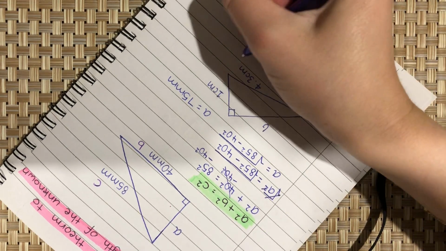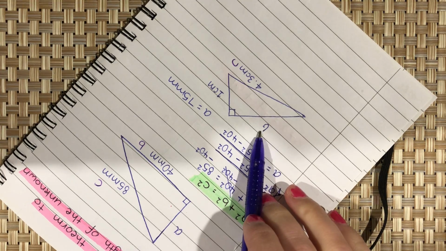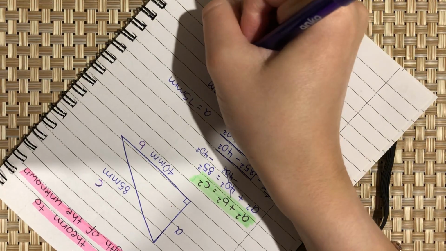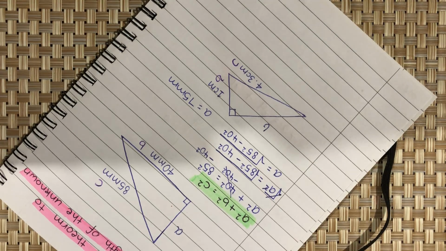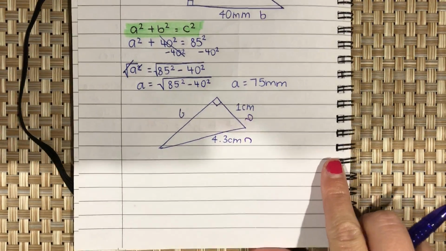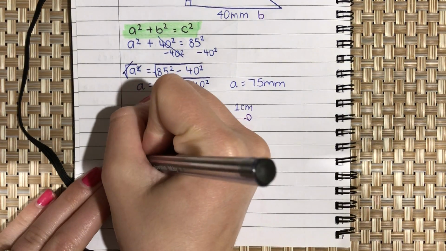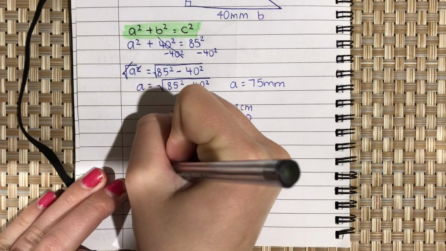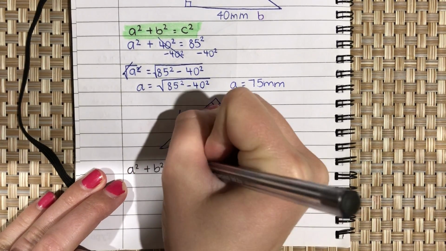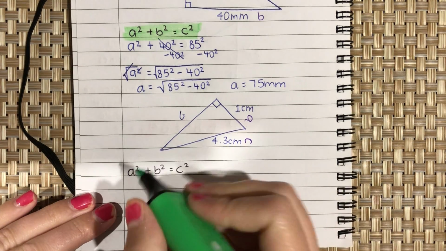So this is going to be C. We've already got a B labelled there, so this is A. Now I'll turn my page back around and let's write that formula: A squared plus B squared equals C squared.